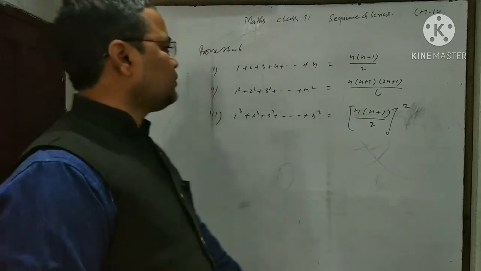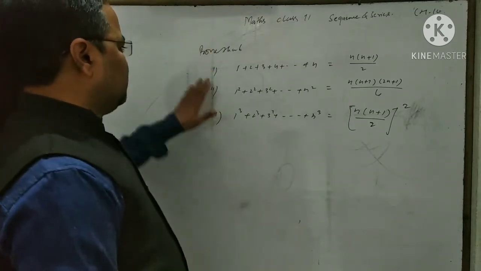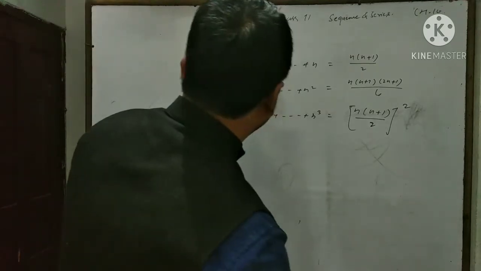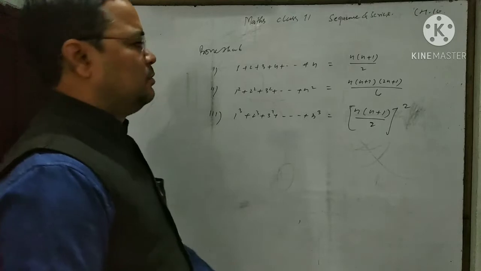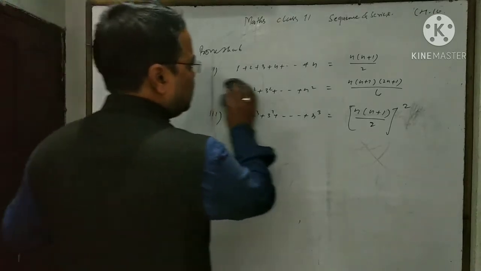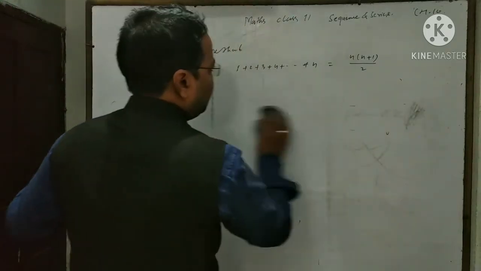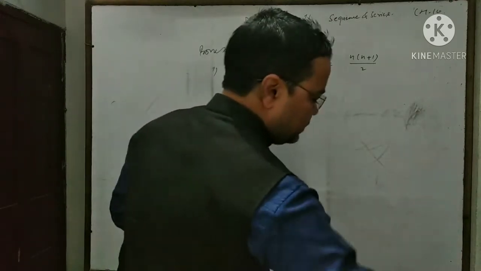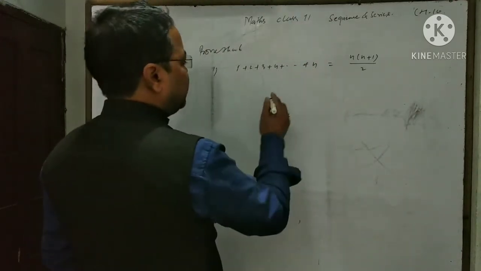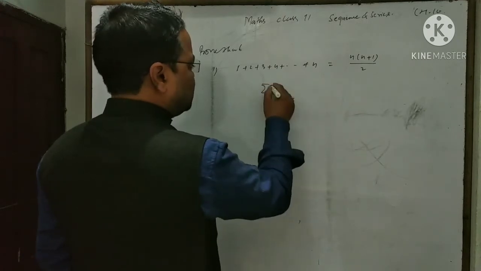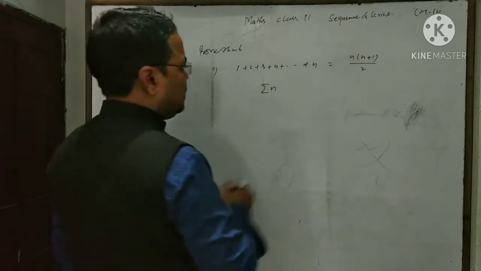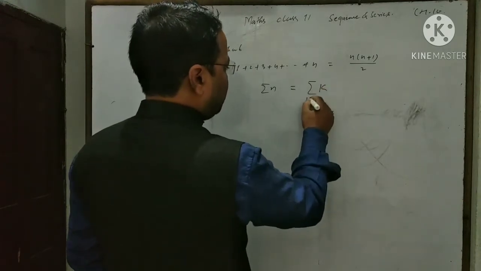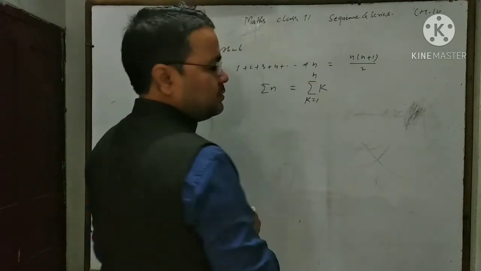Before that, we should try to prove that the sum of the first n natural numbers is equal to n into n plus 1 by 2. Dear student, this can be written as the summation of n natural numbers, or this is also written as the sum of k, where k is equal to 1 to n.